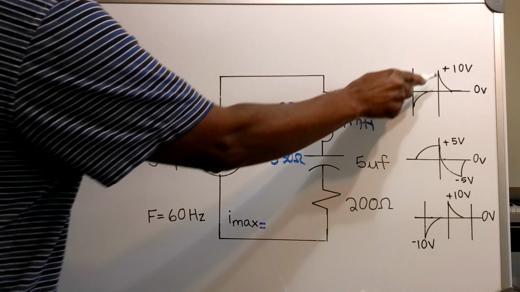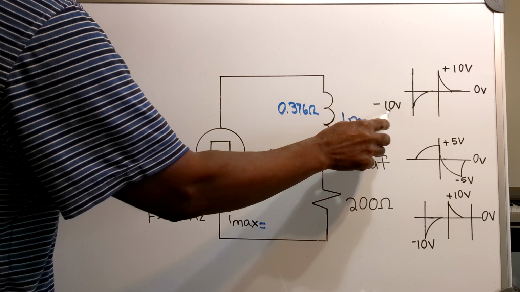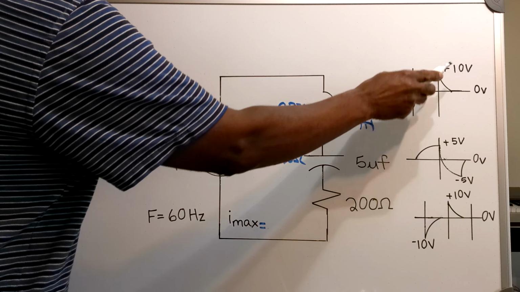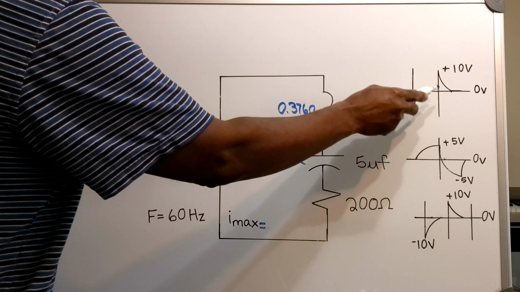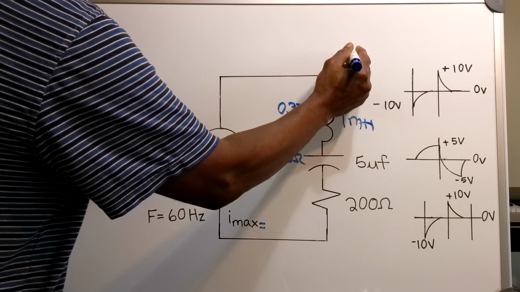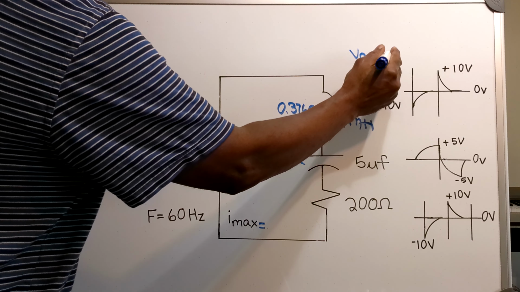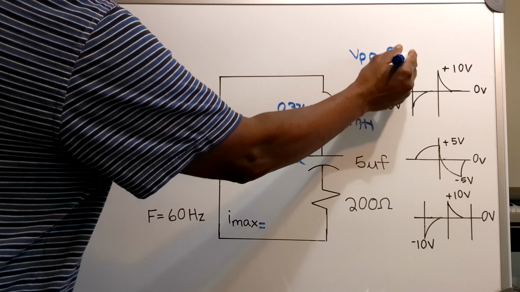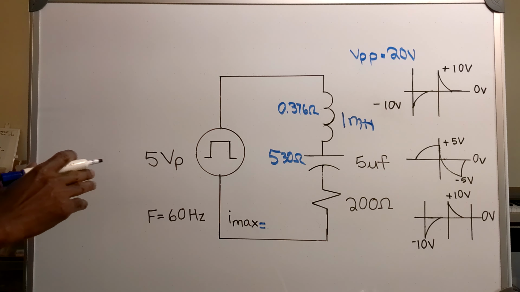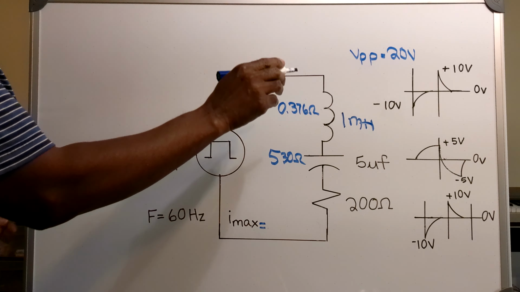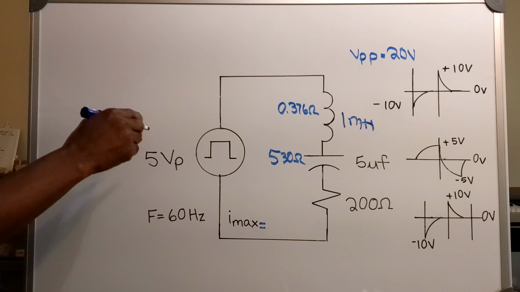This is the shape of the output, and my output goes from minus 10 volts to 0 and from plus 10 volts to 0, which will give me a peak-to-peak voltage of 20 volts. Now what's interesting is that I'm getting more voltage out than I'm actually inputting.